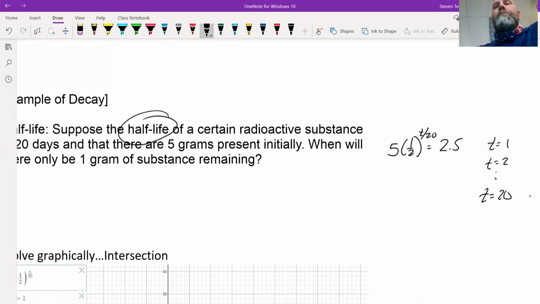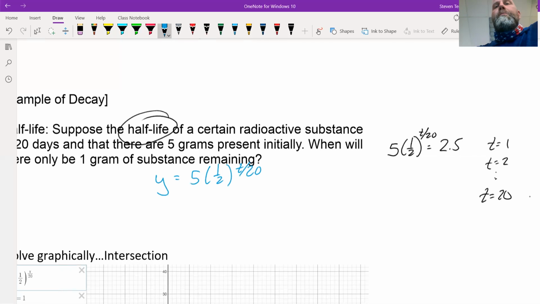If they told you it took 10 days, then you take your exponent, divide by 10. If they told you it took 365 days to reach half-life, then you divide by 365. So our model for this application is 5 times 1/2 to the T divided by 20.